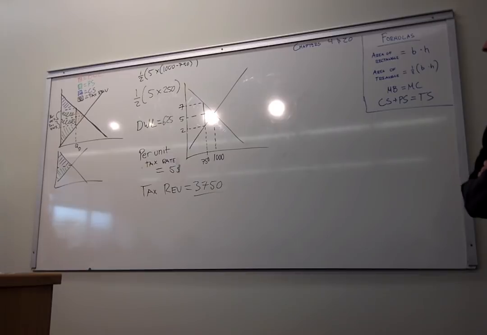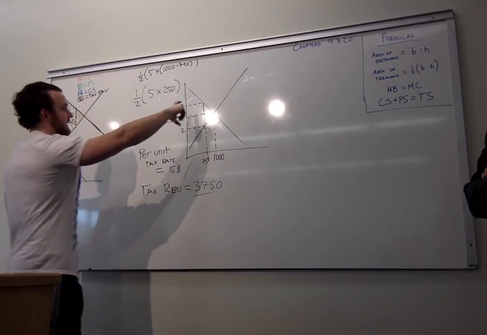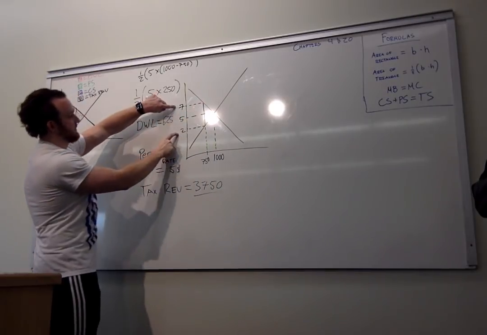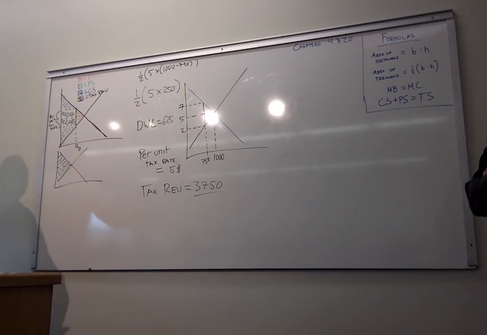So the easy way to do it graphically is to look at the tax wedge and find these two numbers. That's all you have to do. Oh, gotcha. Any questions on that? Does that make sense?